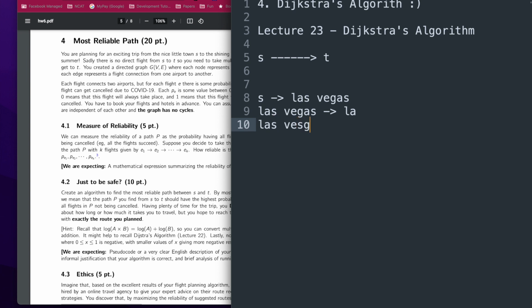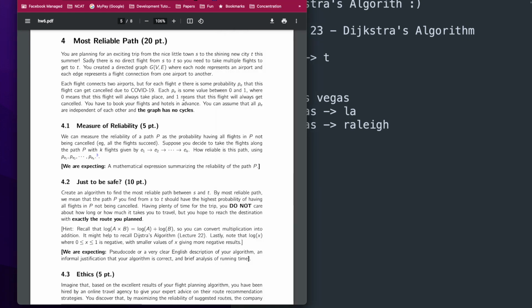From Las Vegas, you can also fly to, I don't know, Raleigh, right? So we essentially created a graph where each node is an airport and each of the edges corresponds to flights that you can take from one airport to another. In addition to that, we have a value for each edge.